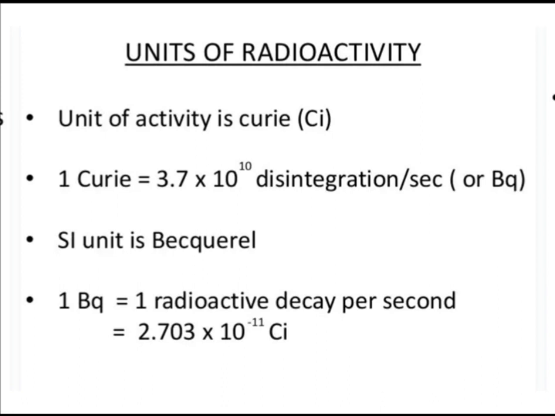And becquerel is the SI unit of radioactivity, and 1 becquerel is equal to 1 radioactive decay per second, which is equal to 2.703 × 10^-11 curies. So these are the units, curie and becquerel, for measuring the radioactivity.